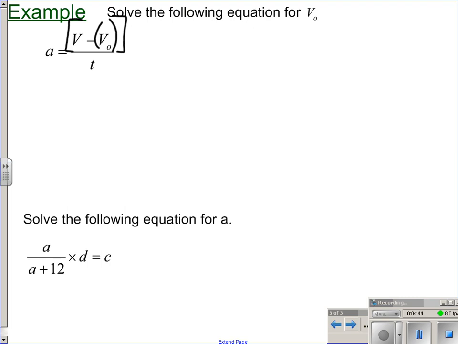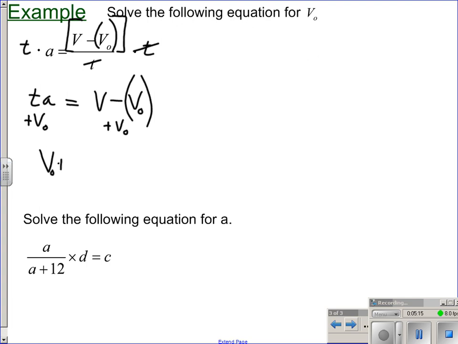Okay, that v0 is in the numerator, so let's get the numerator by itself. So multiply both sides by t. So what we have is t times a equals, these t's cancel out, so v minus v0. We're trying to get the v naught all by itself. Because there's a negative on the right side here, I'm going to add v naught to both sides.